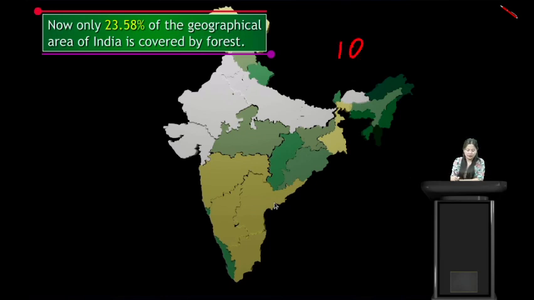Out of 100, only 23.58% is covered by forest. It is very less, yes, students. So we should put more effort to increase the forest area in our country. Alright, students, let us proceed.